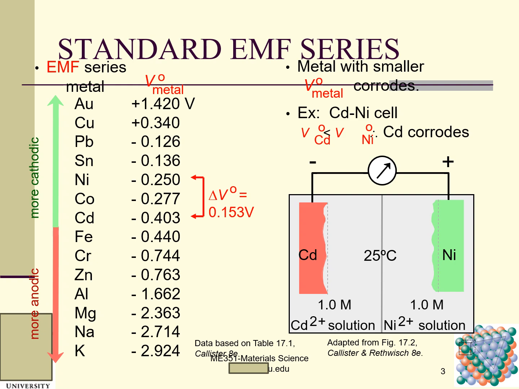As a result, when we connect these two together, cadmium will corrode, and nickel will experience the reduction action. So here you can see we have corrosion of the cadmium, and on the nickel surface we have deposition.